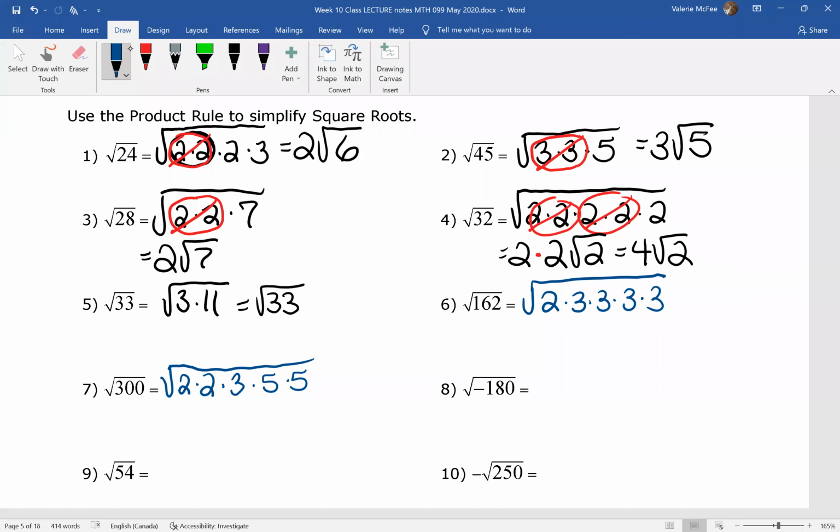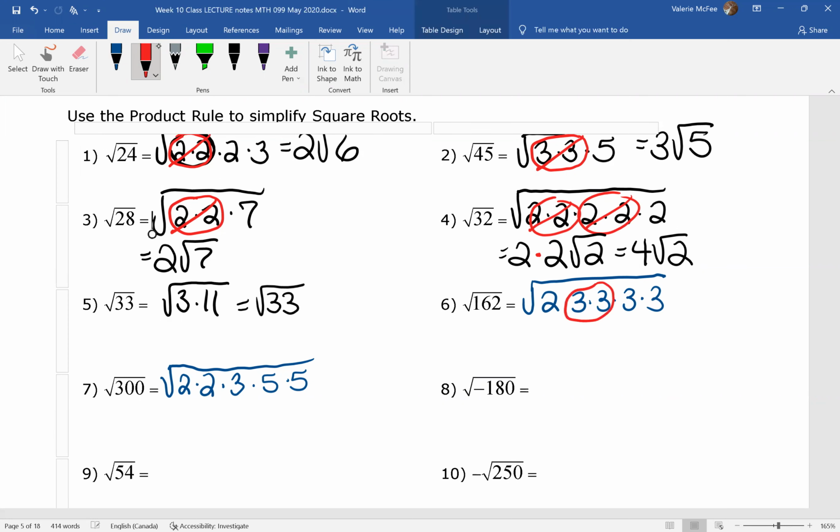We're looking at the square root of 162. Our index is 2. We're looking for 2 factors that are the same. We have a group of 2 3s. We have another group of 2 3s. Gives us 3 times 3. And there's a factor of 2 left inside the radical sign. This simplifies to 9 root 2.